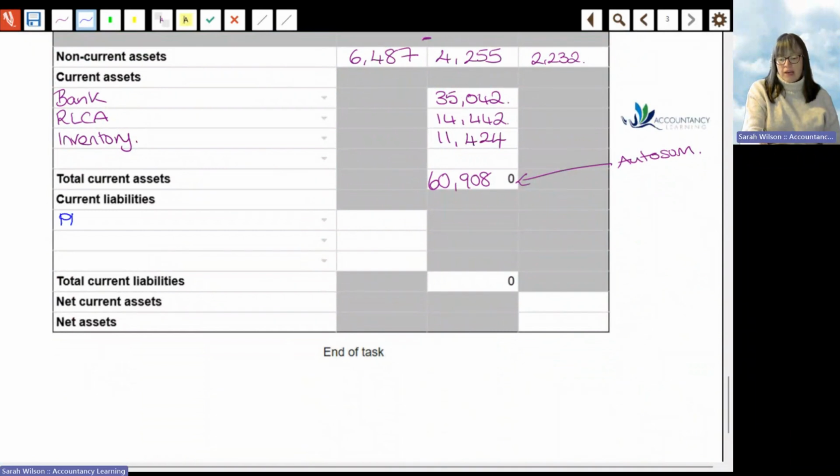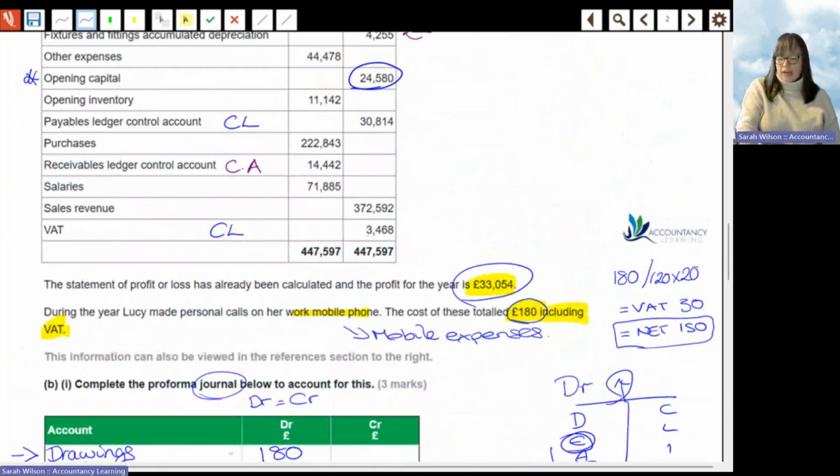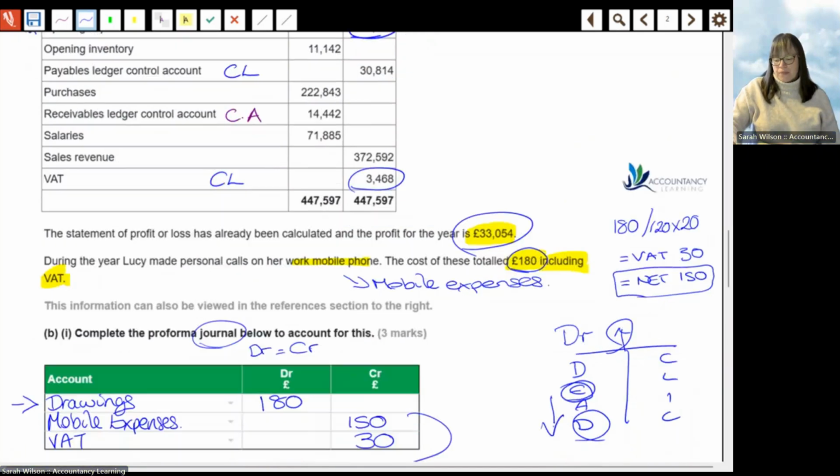So payables ledger control account was 30,814, and VAT, now be careful with this one, because we're given 3,468, and it'd be very tempting just to put that figure in.